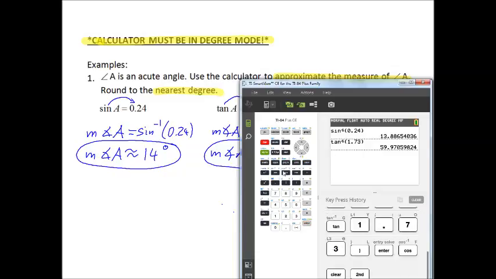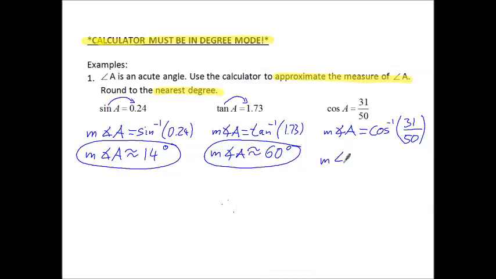And the inverse cosine of 31 over 50 is 51.68, or rounded to the nearest degree, 52 degrees. And there are our 3 degree measurements, and yes, you noticed this is of course supposed to be an approximate and not an equal sign.